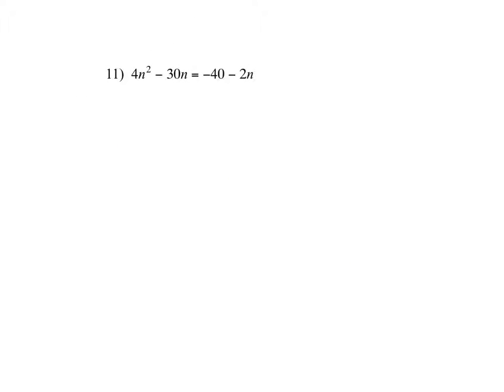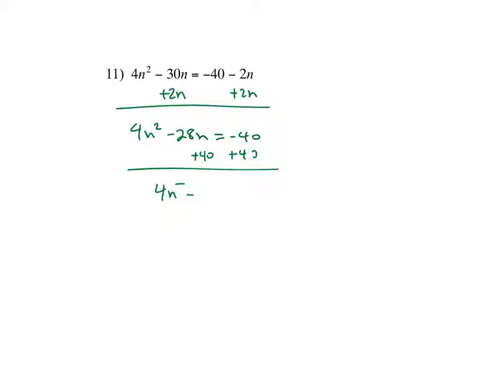Okay, so the next one, I'm going to add 2n on both sides. So 4n squared minus 28n equals negative 40, and now I'm going to add 40 on both sides. So 4n squared minus 28n plus 40 equals 0.